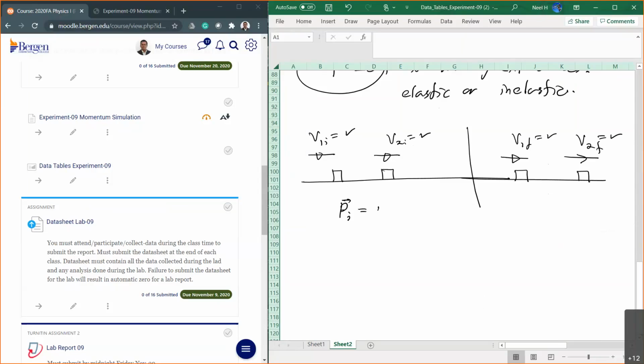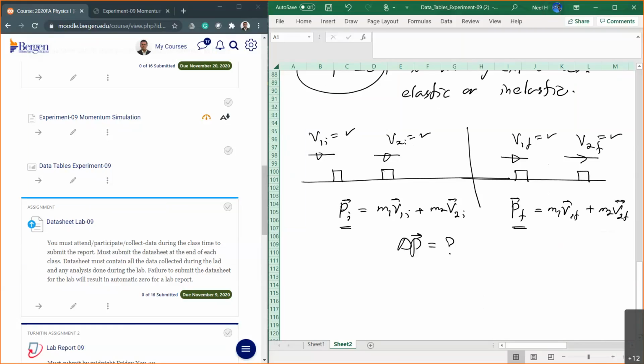This is a vector: mass m1 times v1i, plus mass m2 times v2i. Similarly, I can find the final momentum: m1 v1f plus m2 v2f. By knowing these two, I can check whether the momentum is conserved or not.